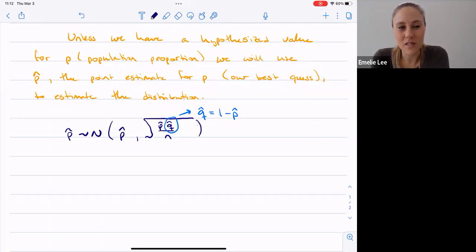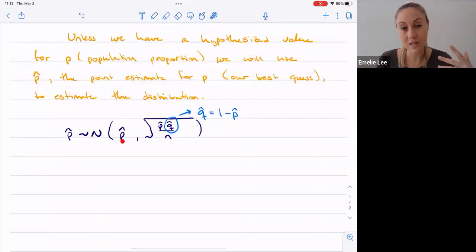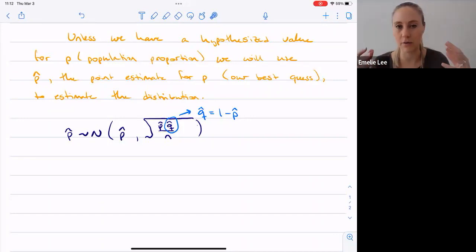So what does this mean? Well, some cool things are that this is the center of the distribution, p hat, right? So that's where we assume things are centered. But then we understand that if I were to take a completely random sample, so even if this sample proportion that I have is perfectly representative of the population, I understand that if I were to go out and collect a completely different sample, even if it's randomly selected and it's all a good sample, then that sample proportion would be slightly different, right?